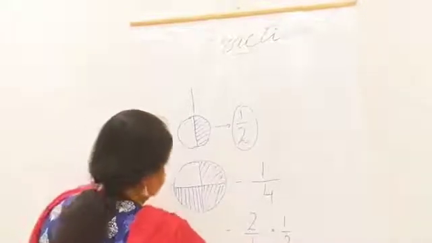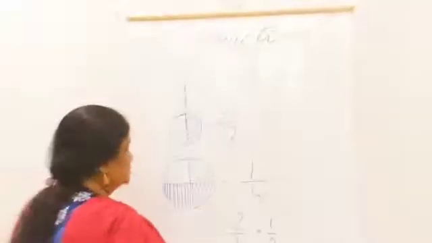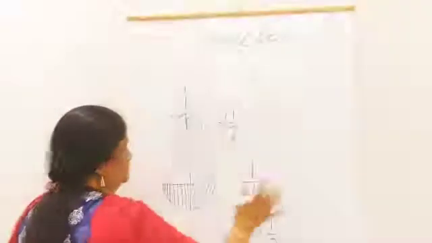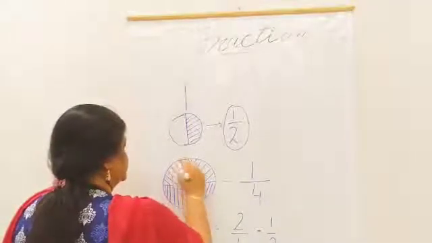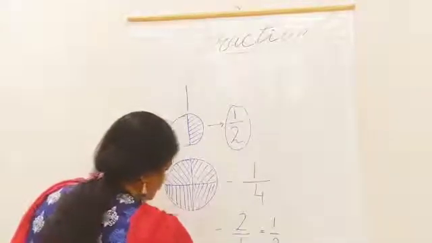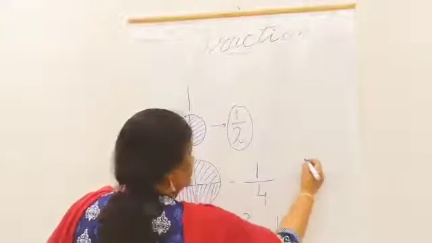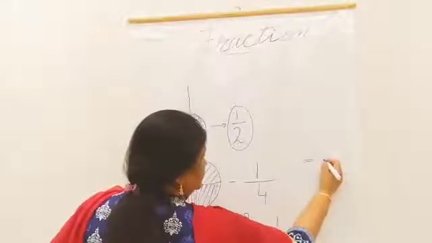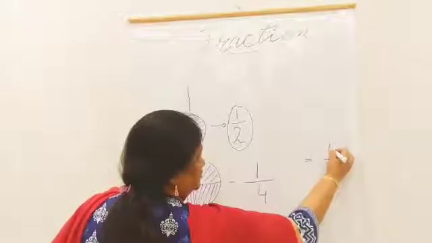Now my fourth friend wants me to give him the 4th part also. Now again I am shading it. How many parts are there? First of all, see, 4 were there in total, and how many are used? 4 are used.